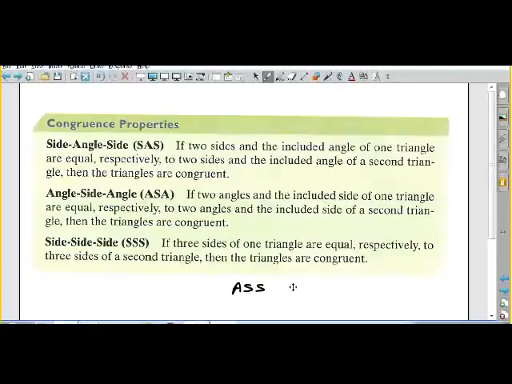But besides being rude, it doesn't work either. Or the other way, you could do SSA and then you wouldn't be quite as rude. It's the same thing. The reason that doesn't work is that there are multiple solutions. There are probably 2 triangles that can have those combinations, the ones that don't work.